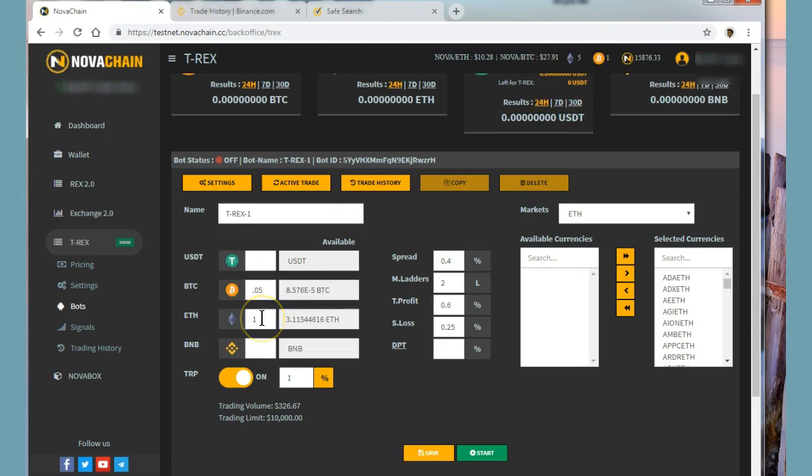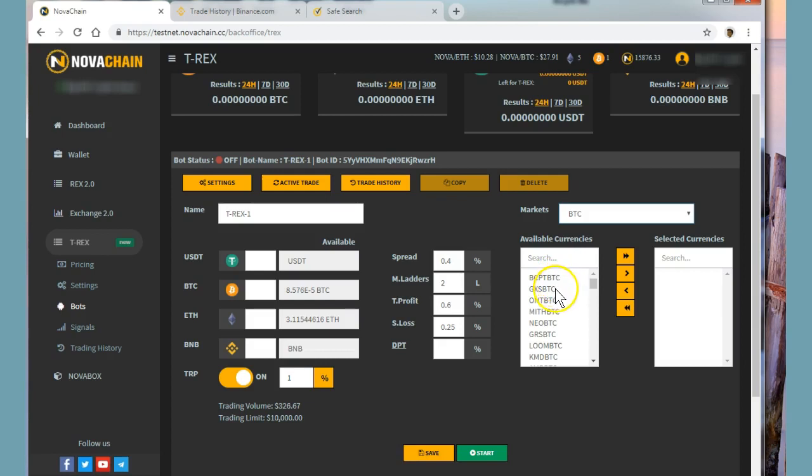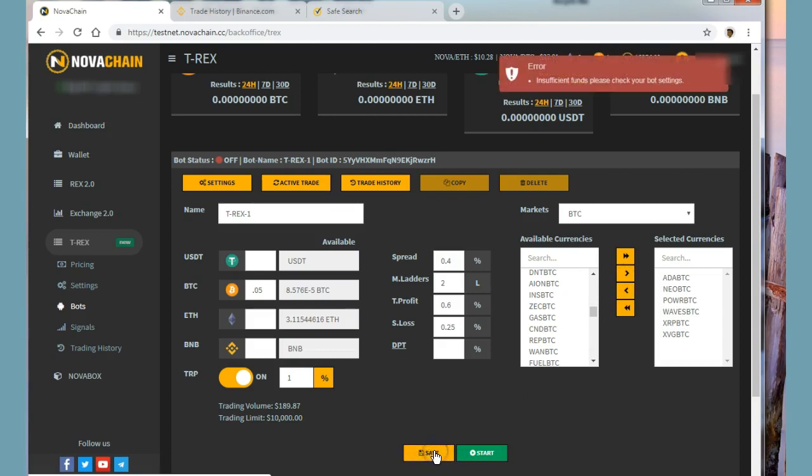Okay, so it's cool with the ETH amount. Let's go to BTC, add, let's do the 0.05. We'll add a couple of quick ones here: Neo, thought I saw Litecoin somewhere, Waves, Ripple, Power, I forgot all about that one, Cardano. Let's save that, see if that works. Insufficient funds.